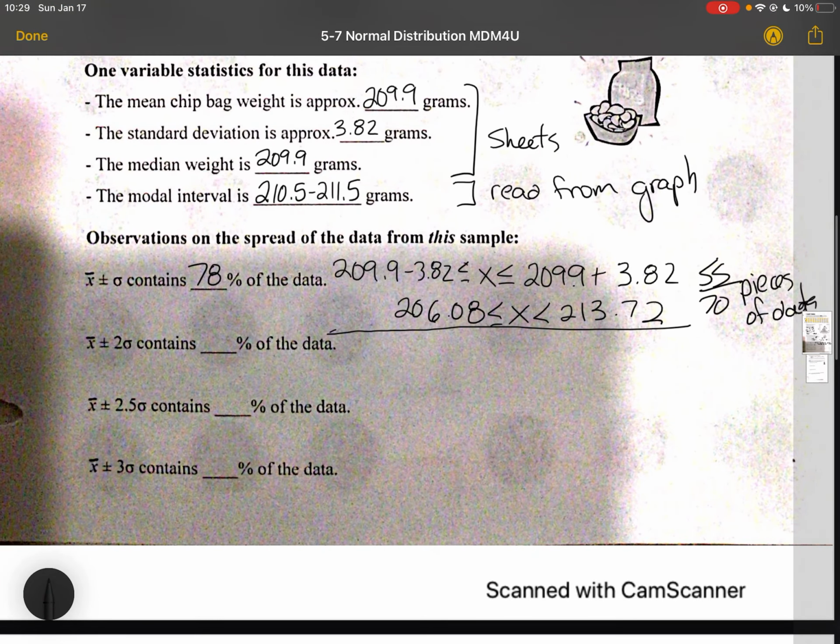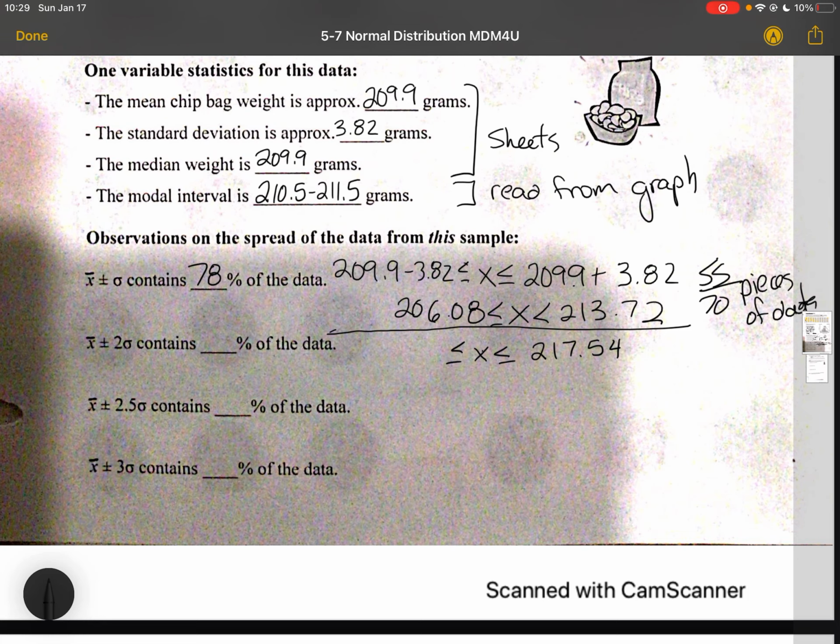So let's go x within 2 sigma. So now I'm going to have x less than or equal to 209.9 plus 2 times 3.82, which is going to give me 217.54.